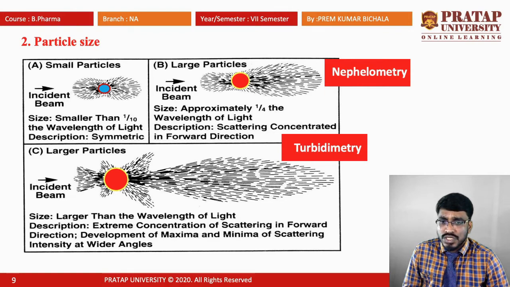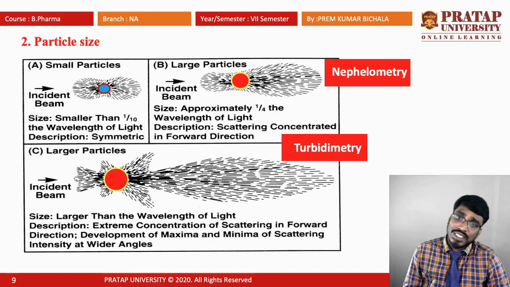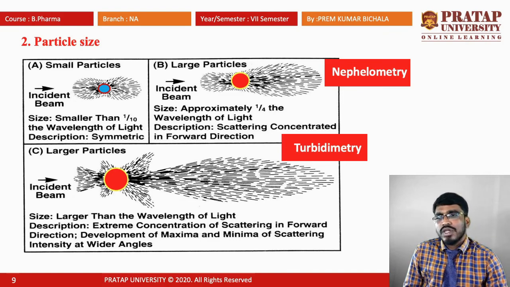Just go to the picture to see how the light is transmitted or scattered. In the first case, small particles are smaller than 1 by 10th of the wavelength of light, and here the scattering of light is symmetrical.